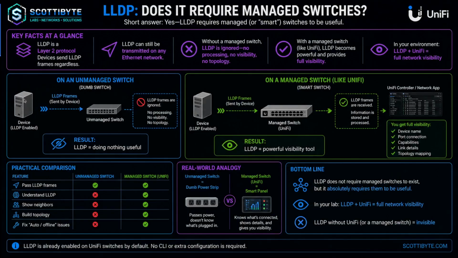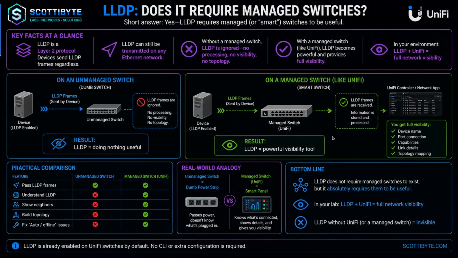So on an unmanaged switch, we've got our server here with LLDP enabled, and it sends LLDP frames to the unmanaged switch, but the unmanaged switch ignores them because it is not a smart switch. So therefore, it's really not doing anything useful.